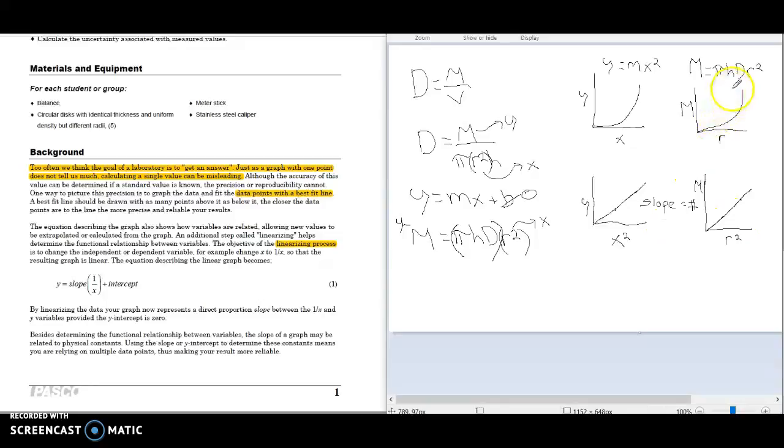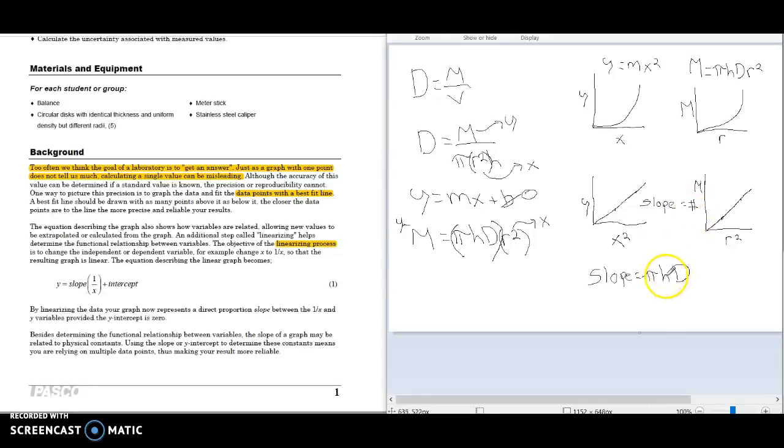The slope for this equation here, in the slope slot, is pi h d. So we have slope equals pi h d, where d stands for density. We can calculate the number for the slope by doing a rise over run.